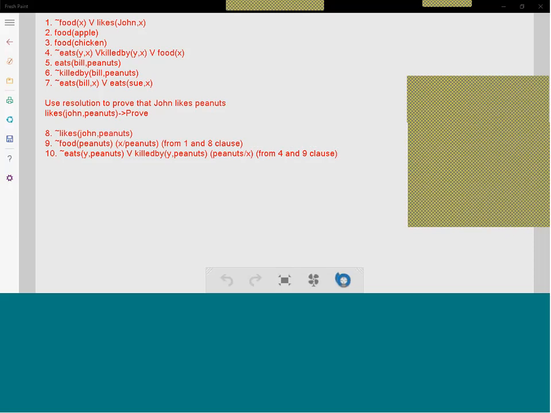From 9 you can see negate food peanuts, and from 4 you can find food x, so you can cancel both. Does anyone have any question? It is very easy to understand.